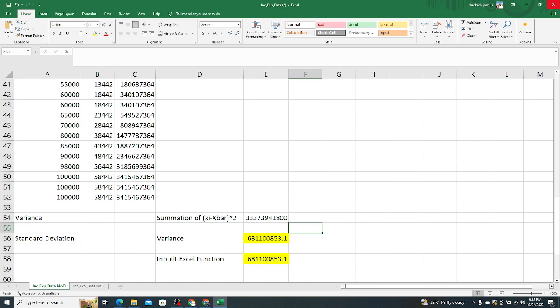So in our case, this value indicates that there is a significant amount of variability, or a significant dispersion, in the monthly household income within our data set. It is evident because we got a huge value of variance.